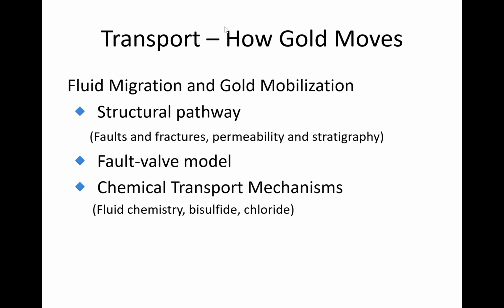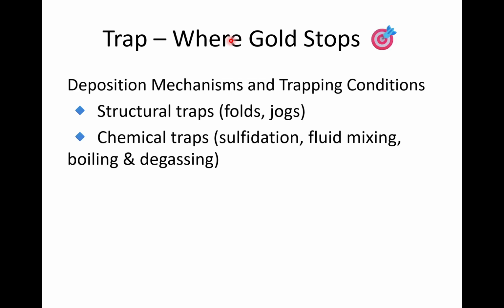In summary, transport in gold systems involves structural plumbing, faults and fractures, and chemical vehicles, such as complexes, keeping gold mobile. A highly efficient transport stage is one where large volumes of gold-bearing fluids are focused through structures with minimal loss of gold en route. The final fate of that gold depends on encountering the right trap, as discussed next.